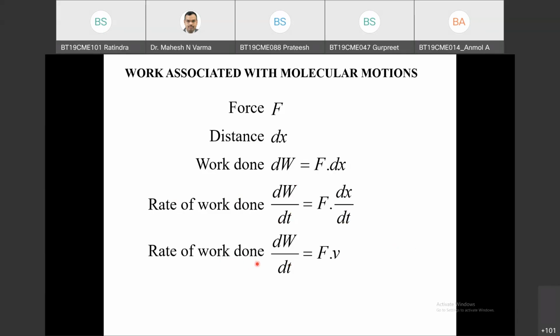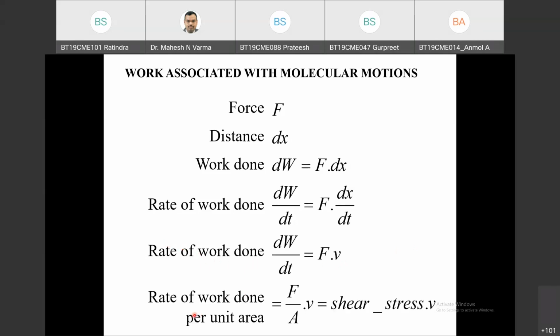So what will be the rate of work done per unit area? The rate of work done per unit area will be force per unit area into velocity. That will be shear stress into velocity. So the rate of work done per unit area because of molecular movement dx will be shear stress into velocity.